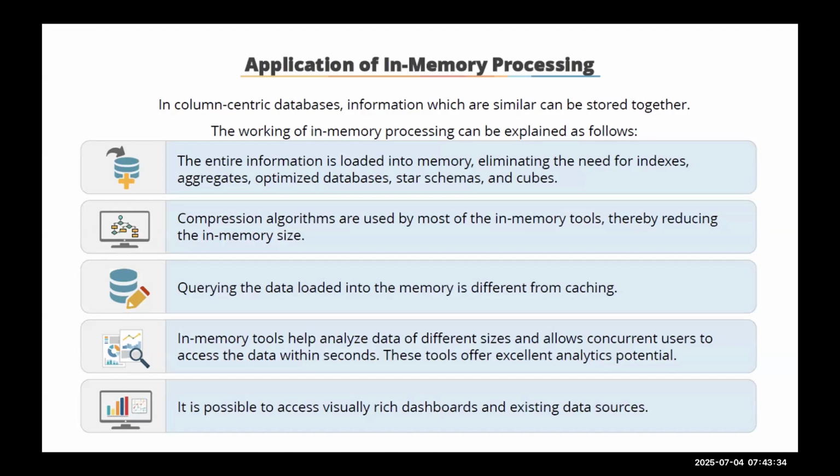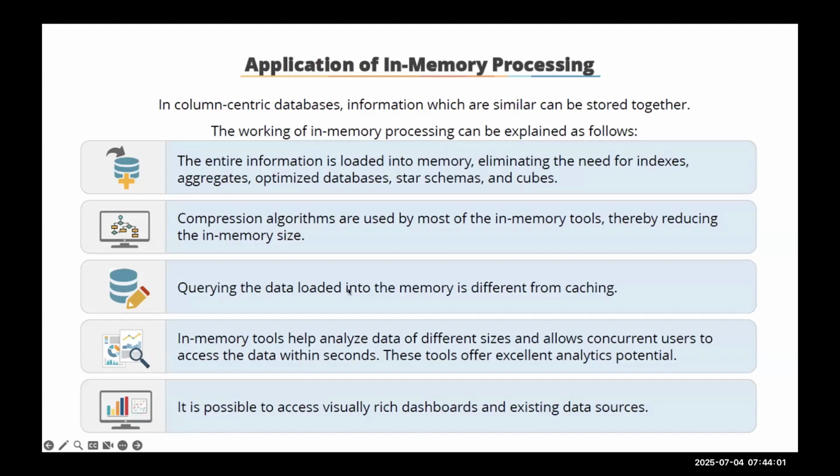Whatever you store is stored on the disk, and whenever you try to read that file, it is first loaded into the memory. Only then can you read it. So whatever you have on the disk, first you need to load into the memory, then only you can do any calculation on top of it.